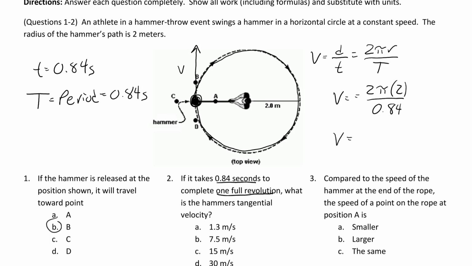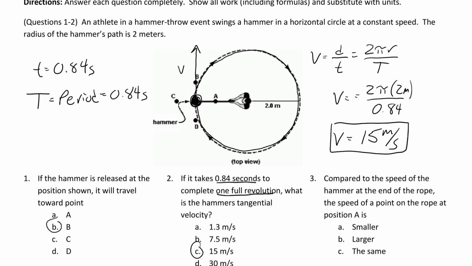So the velocity is going to be around 15 meters per second. And it's very important, we're using pi here, so if you plug it in your calculator, just make sure you're in degree mode. We are not in radian mode for this. All right, so you get choice C.